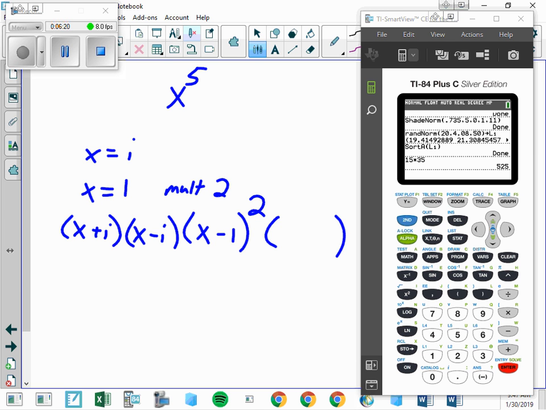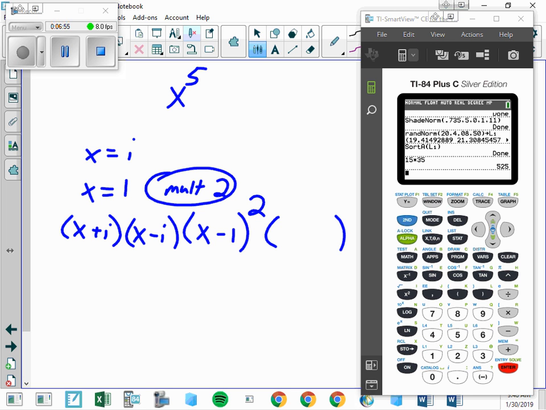Can it be x minus 1 again? No, why not? They told us it only has a multiplicity of 2. So this other factor has to be a real number, and it can't be 1, which means it's true because the graph has to hit the x-axis somewhere else.